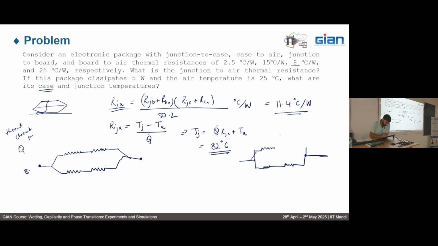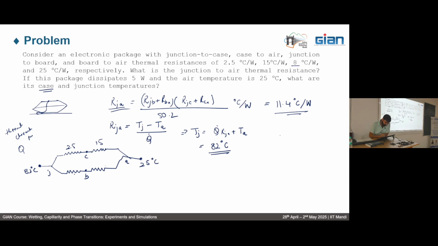This is your 82, this is your 25, and this one is your junction to case. So this is C, this is board, this is air, this is J. Junction to case is 2.5, case to air is 15, and the next case is 73.